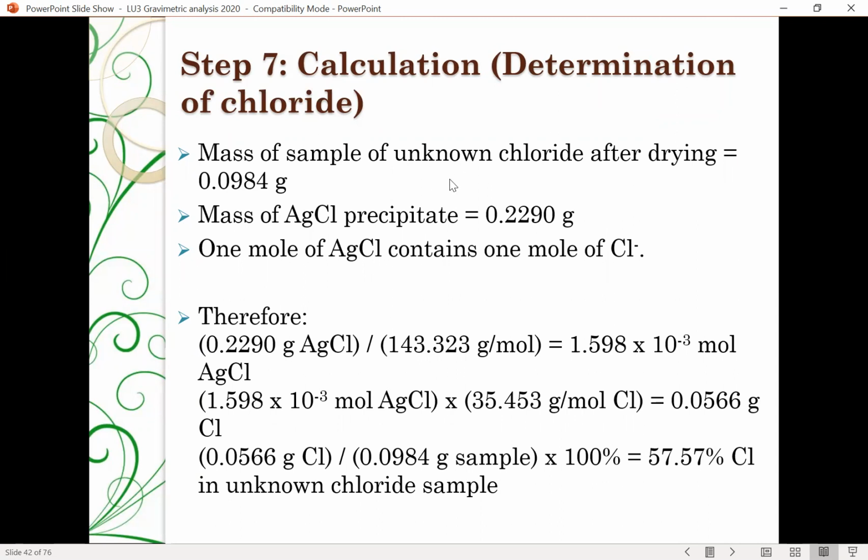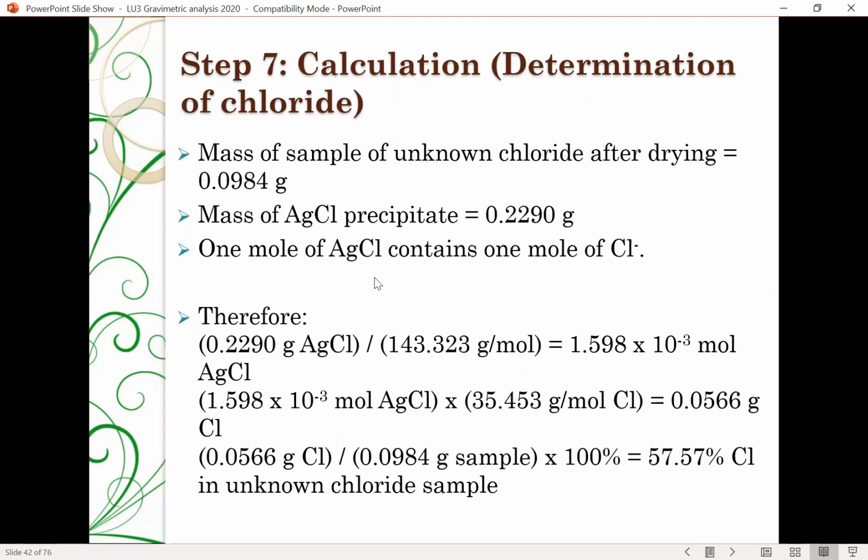Let's say we have a sample of an unknown chloride after drying of 0.0984 gram, and we have the mass of silver chloride precipitate, which we get from the precipitation gravimetric analysis, which weighed 0.229 gram. And we know that 1 mole of AgCl contains 1 mole of chloride.